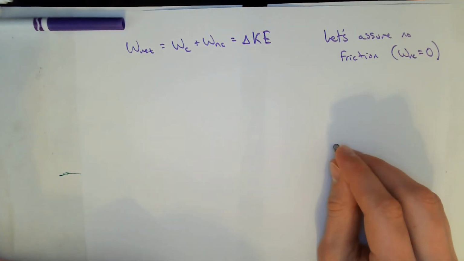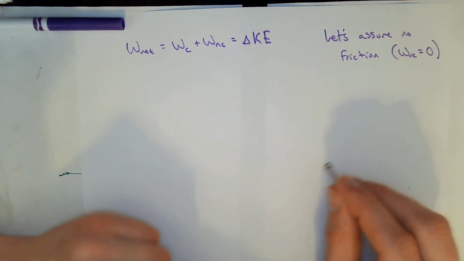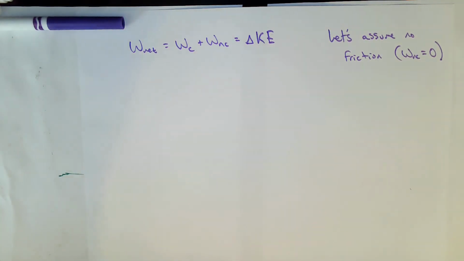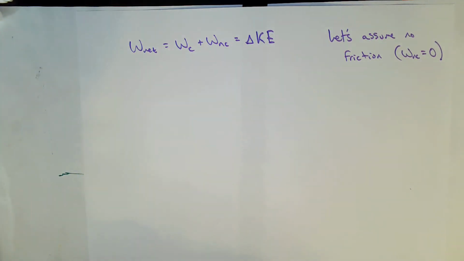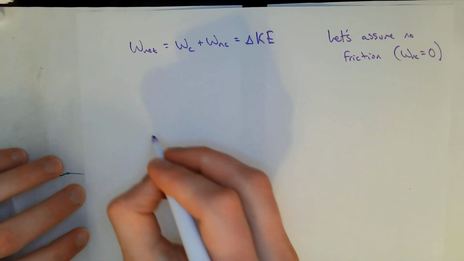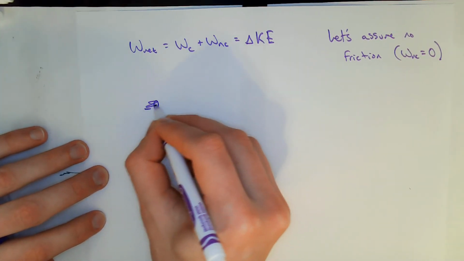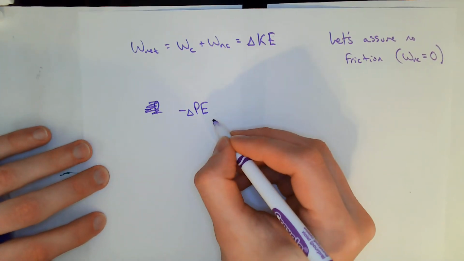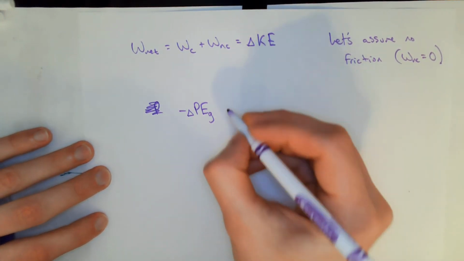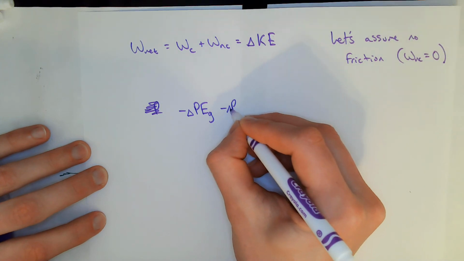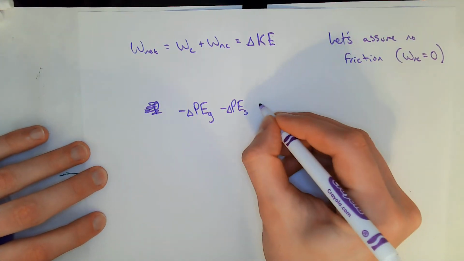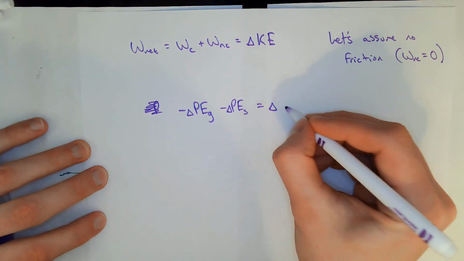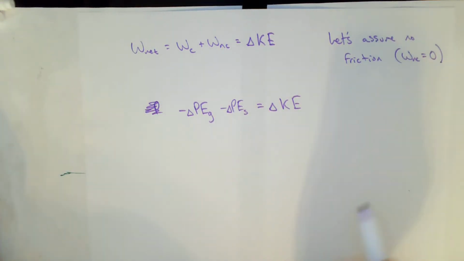A spring pointing up being compressed, and also gravity being involved. What is that going to look like? We're going to have negative delta PE, gravitational, and also the spring energy also being negative, delta PE spring, so spring potential energy, equal to delta KE.